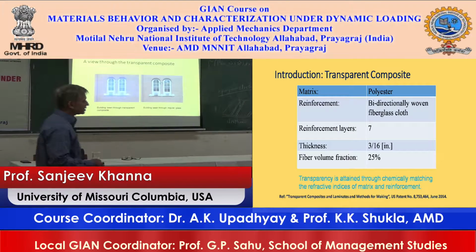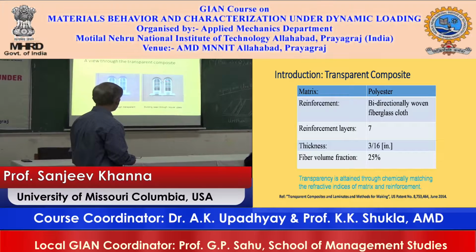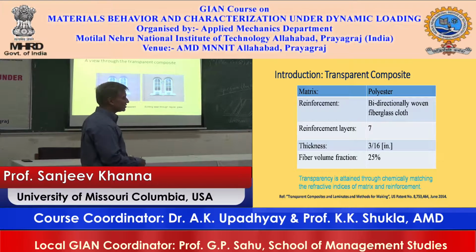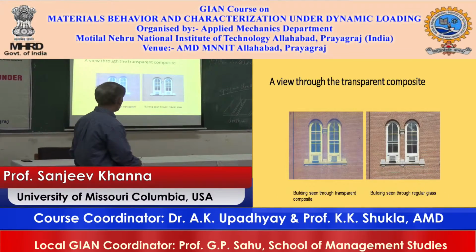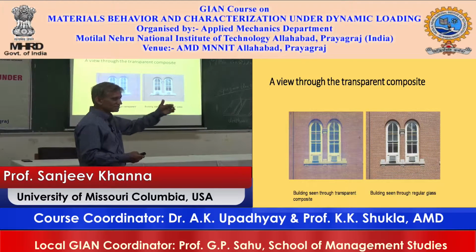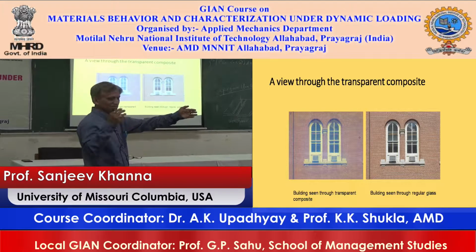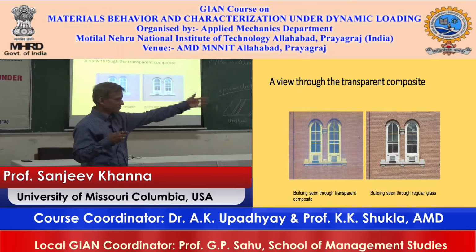So this is how it looks basically. This is just right outside the lab, so I took one picture with a camera, and this picture is taken by putting that transparent fiber composite in front. The camera is about here, and you look at the picture on the wall.